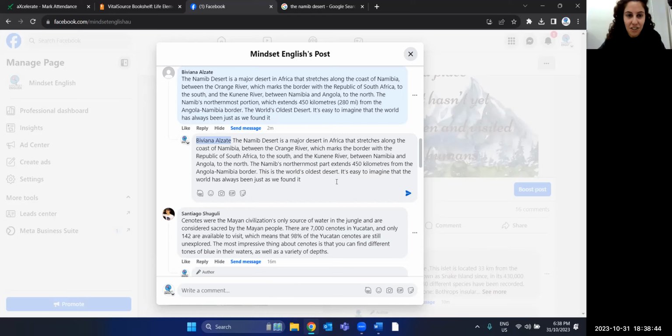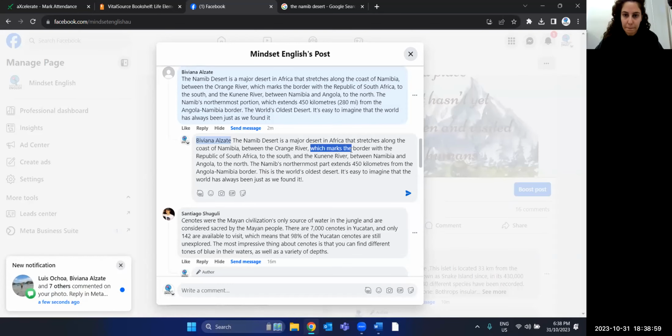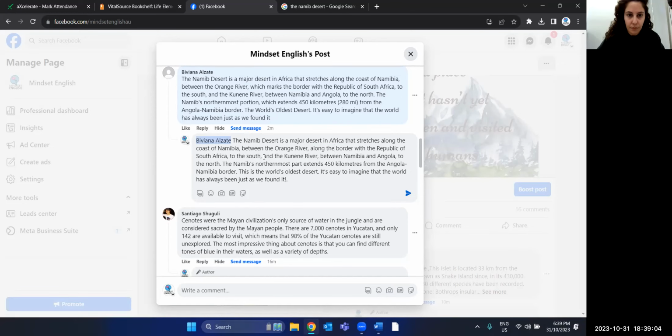It's easy to imagine that the world has always been just as we found it. Beautiful. It's just in Africa that stretches along the coast of Namibia. Might just make this a bit easier English.